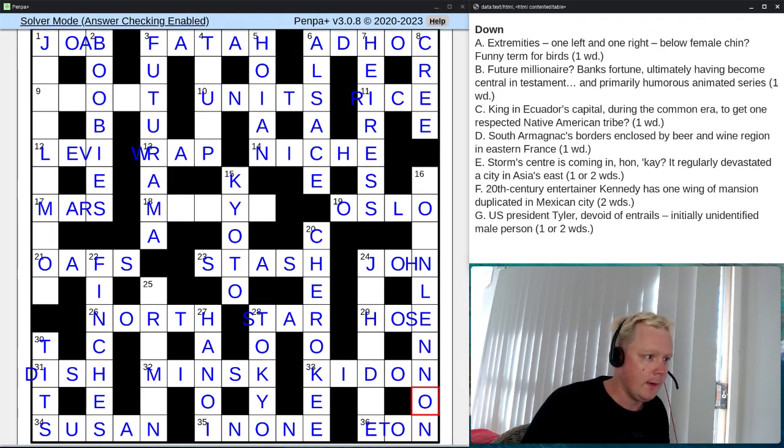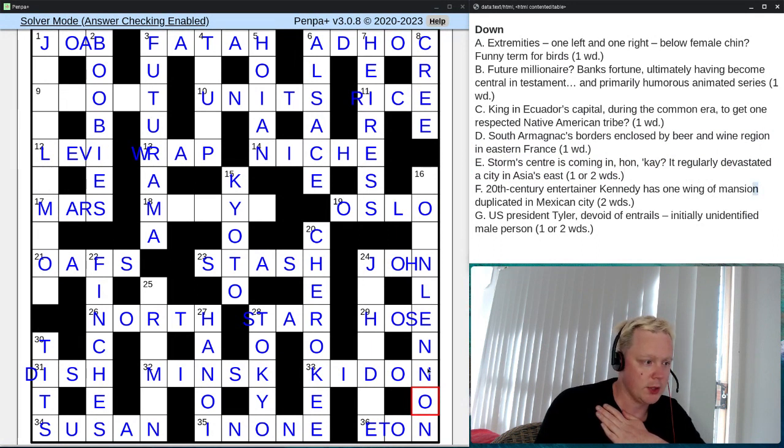Where were we? So let's see. We went through this one. And here we had Lennon, right? So I was explaining this one. So NN duplicated, this N duplicated inside Leon, which is a Mexican city. And then John Lennon is a 20th century entertainer.